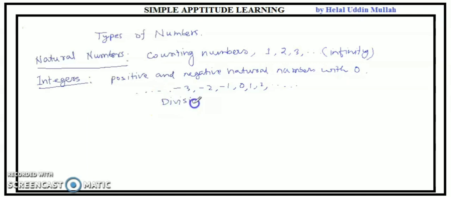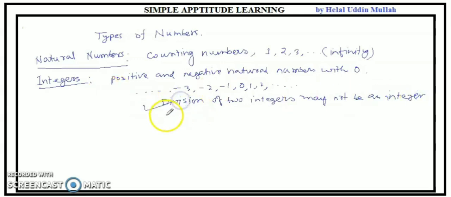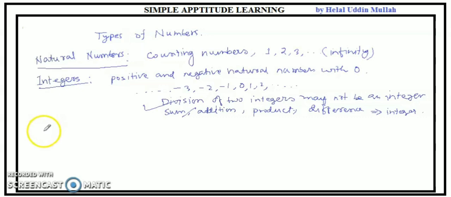But sum or addition, product or difference, etc., are integers. So this is the property of integer numbers.